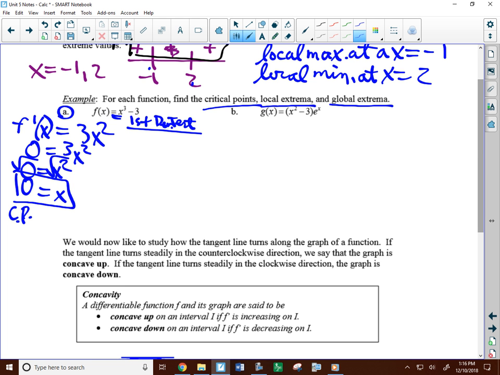Okay, so for the derivative test, I'm doing a number line. There's 0. I only have one value this time; last time it was 2. So I'm going to try a value on the right side of 0, I'll try 1, and a value on the left side of 0, I'll try -1.